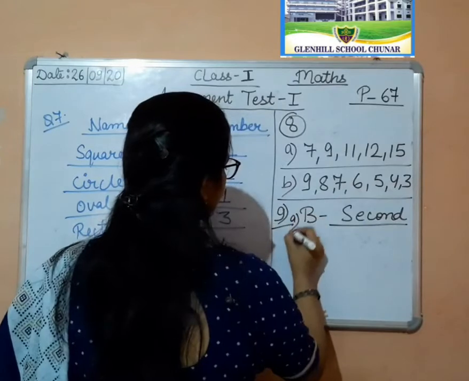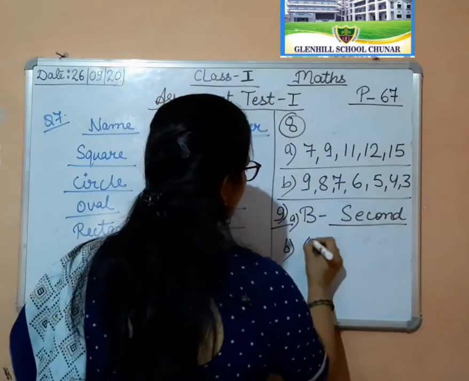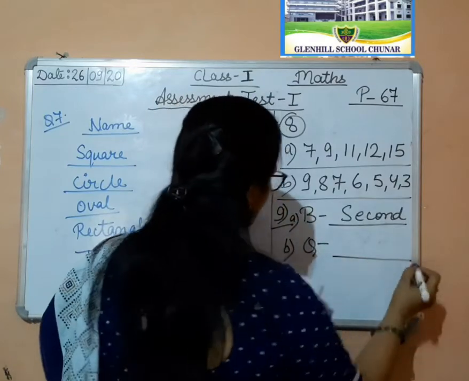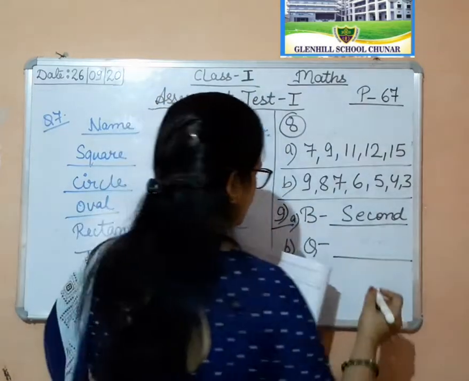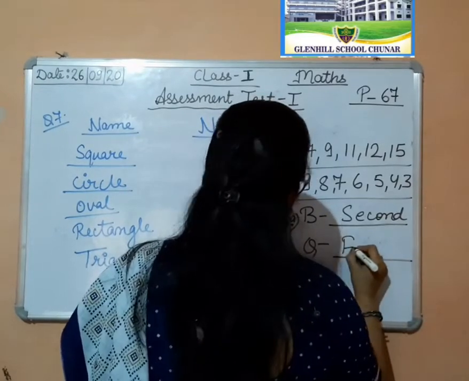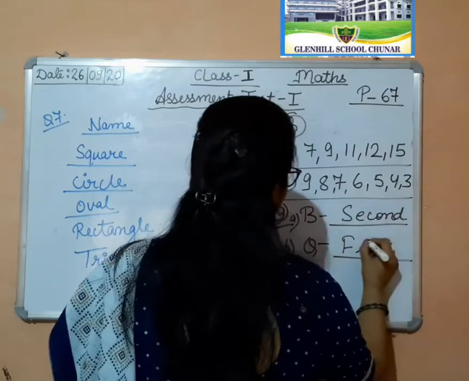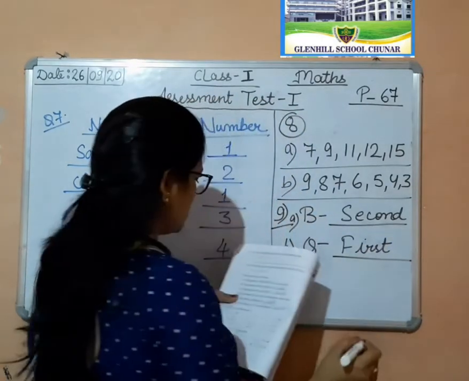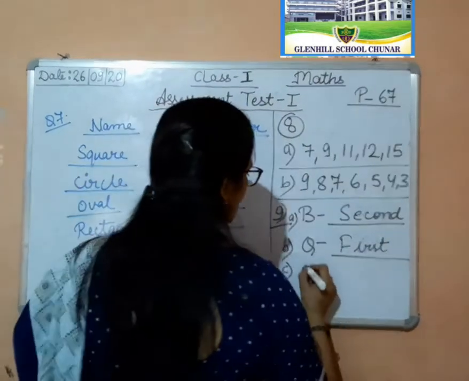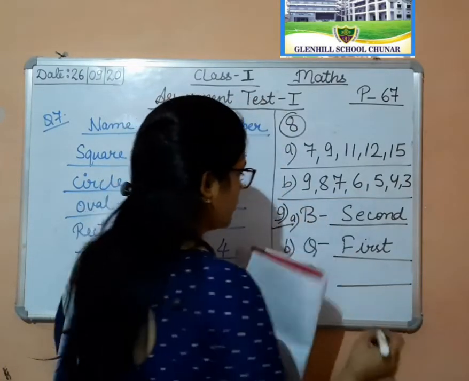Now B. The position of Q in QUICK is first. Number C. The position of R in COURT. It is fourth.